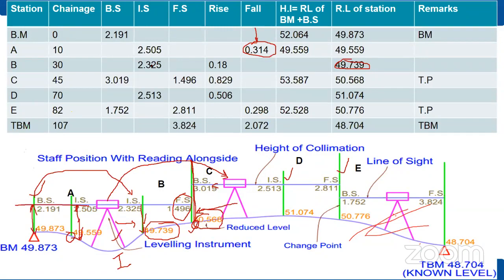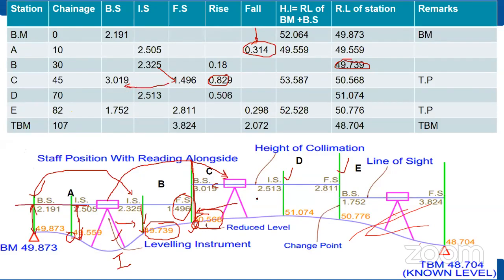Now see, from here to here again, the next sight is 1.496, foresight. See the figure simultaneously, then you will observe. This is intermediate sight minus foresight. Yes or no? Then it is a rise only. Once you finish this, the instrument I have shifted. So the first sight is backside. Yes or no? This is a backside.